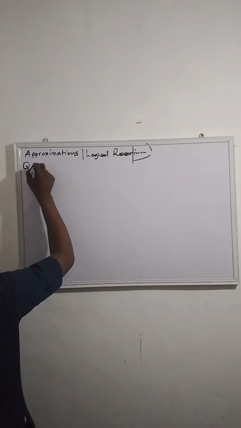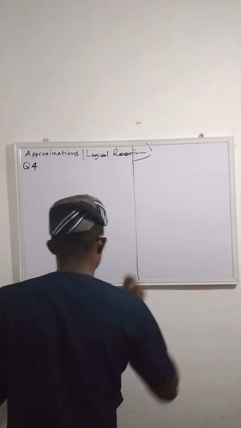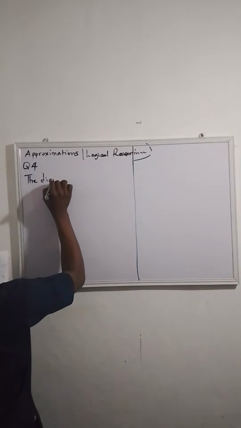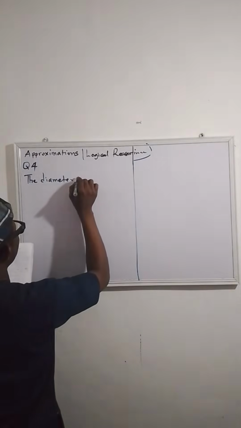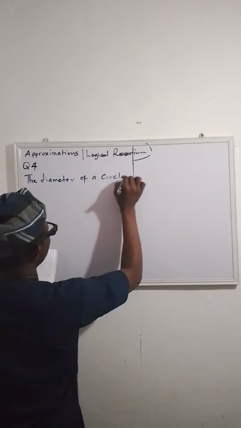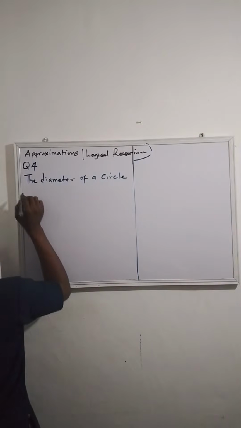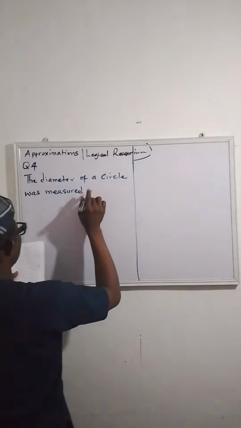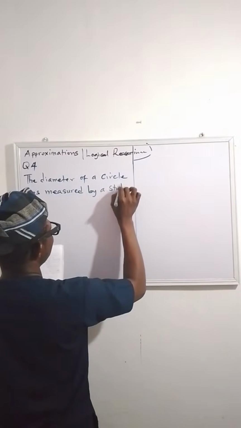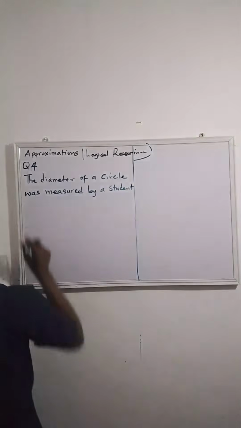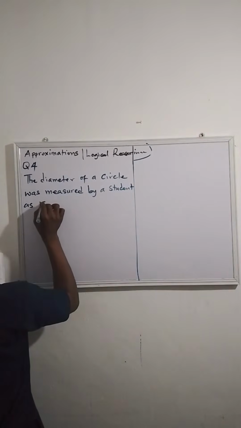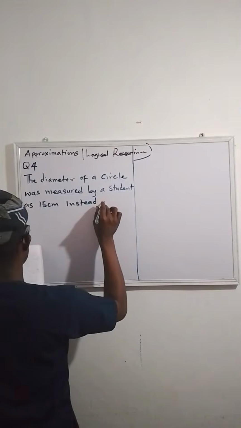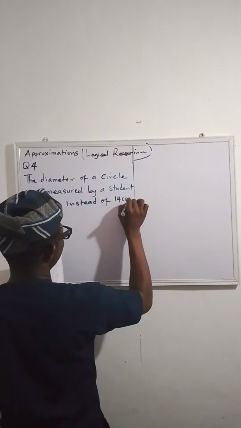Question 4. The diameter of a circle was measured by a student as 12 centimeter instead of 14 centimeter.